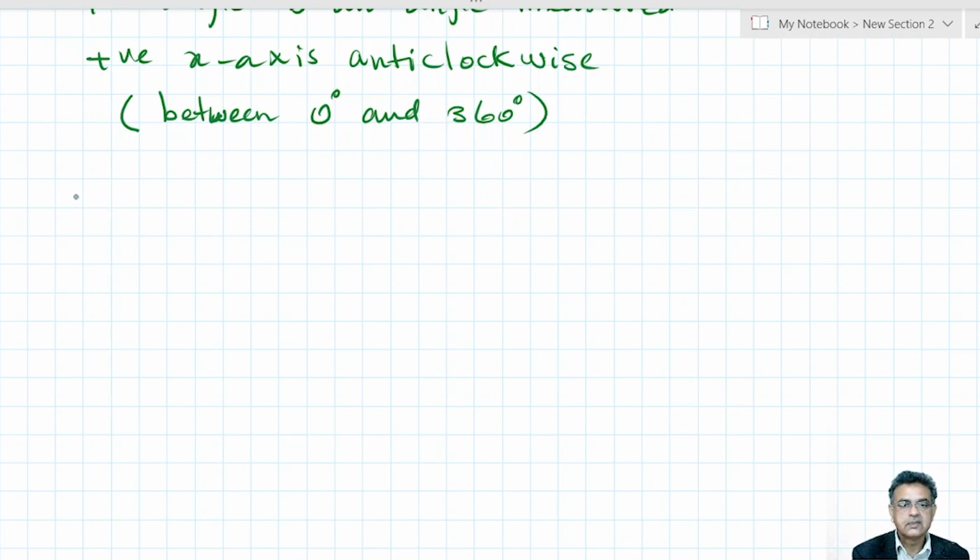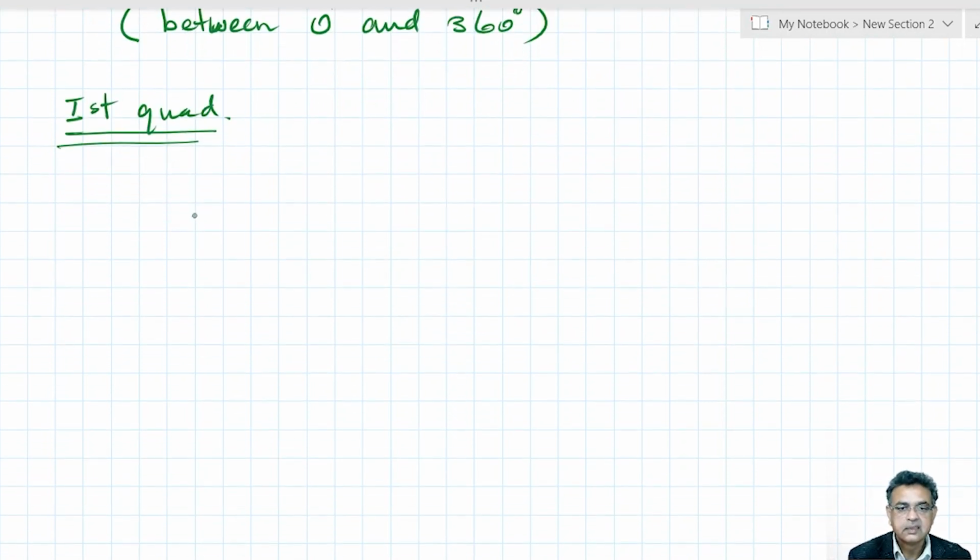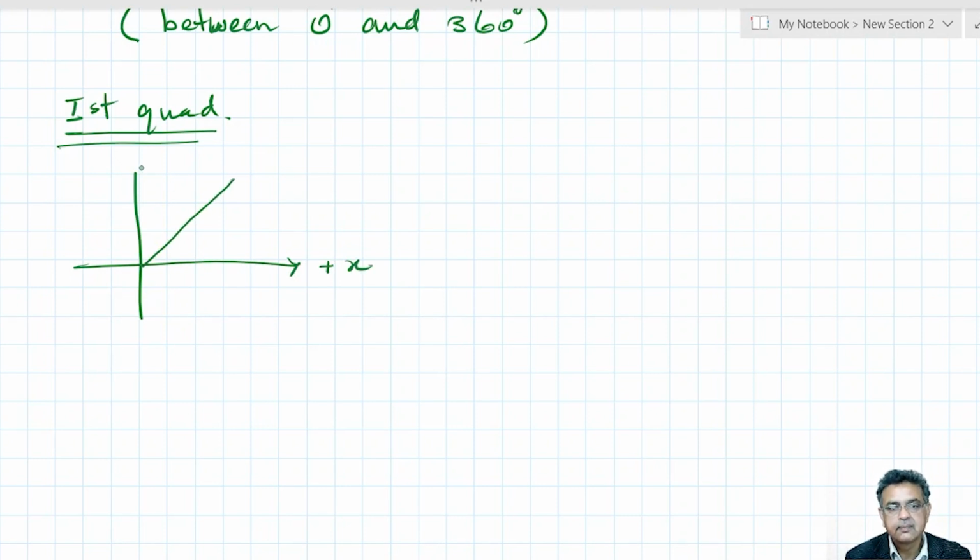So in the first quadrant, what is a positive angle? If a line is making an angle in a grid of x and y axes in the first quadrant, if it is here, this is the y-axis.